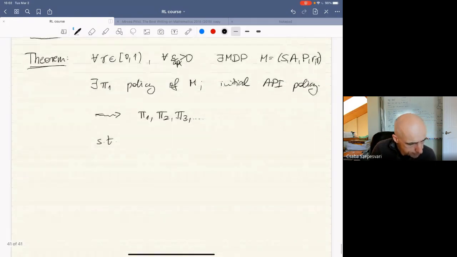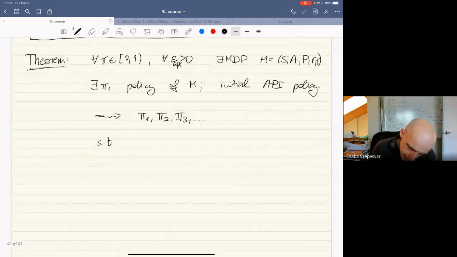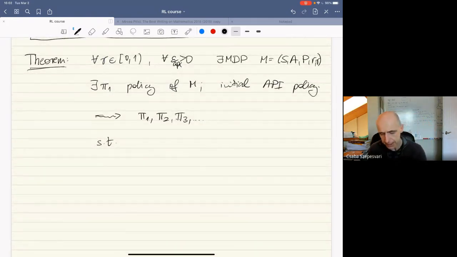He writes it in a fancy way, but what happens is that you can have a very bad initialization. You initialize the policy in some way, and in this example, API is going to alternate between the first two policies. After it switches to a policy, it switches back to the first policy.